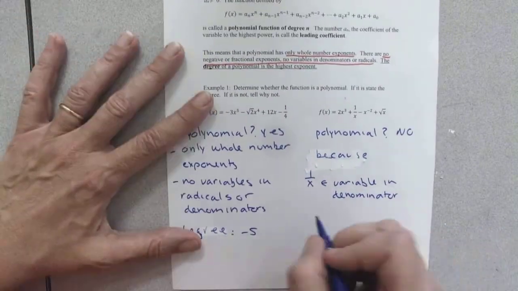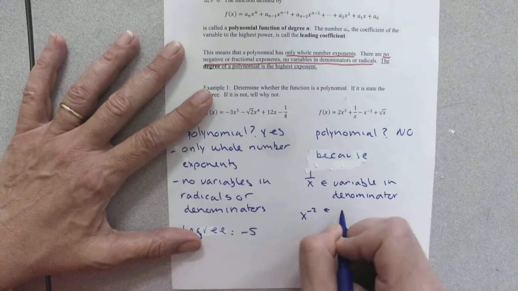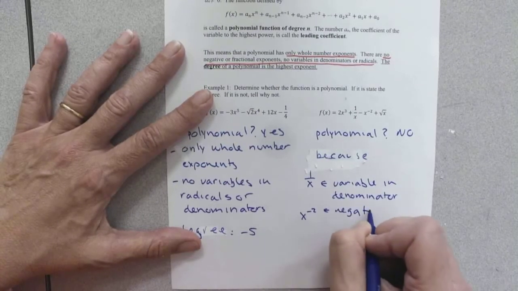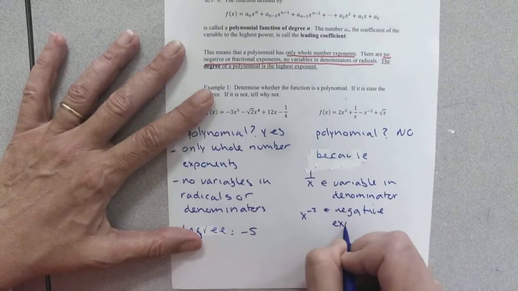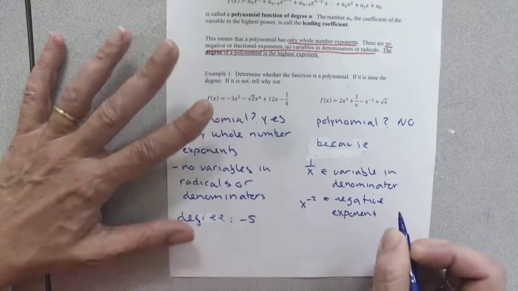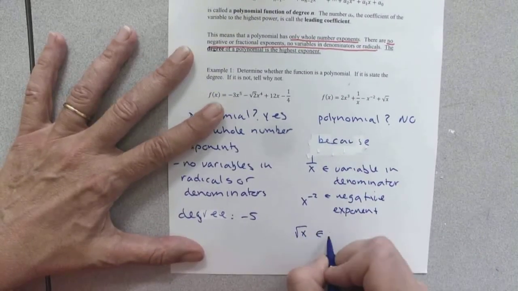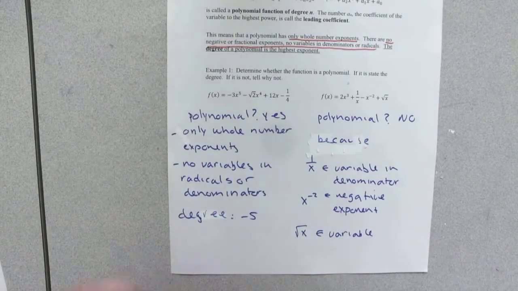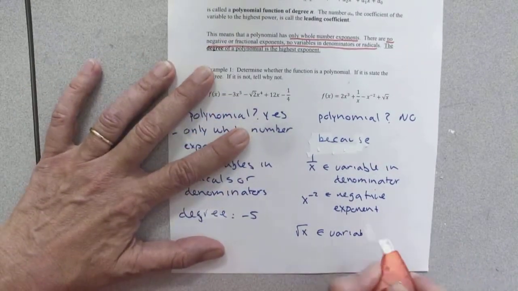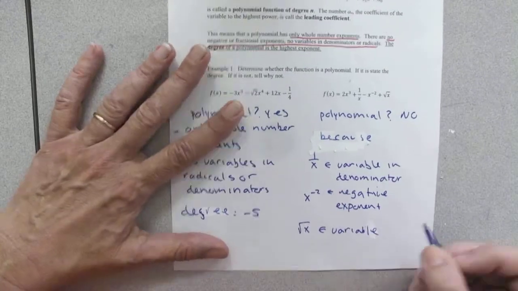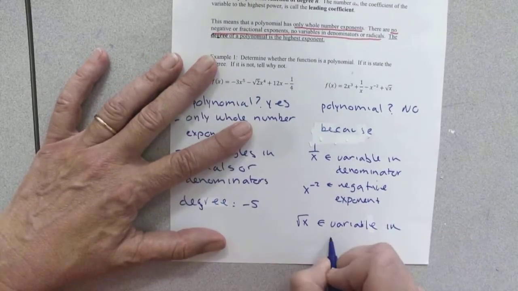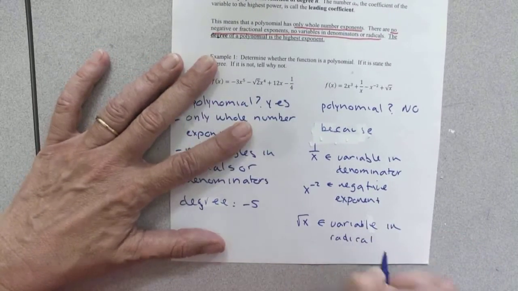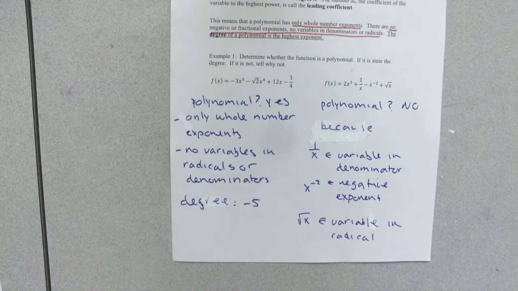And also, well, there are a whole bunch of reasons. The x to the -2, the negative exponent. And lastly, the square root of x, the variable in the radical. Any of those would be sufficient reason to make it not a polynomial. This one just had lots of reasons.